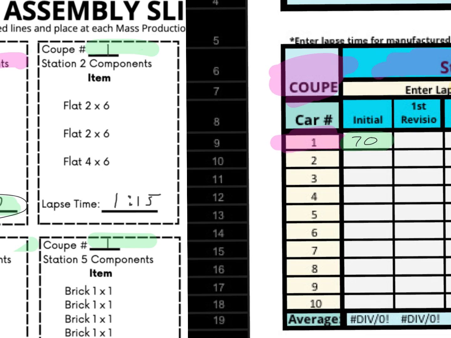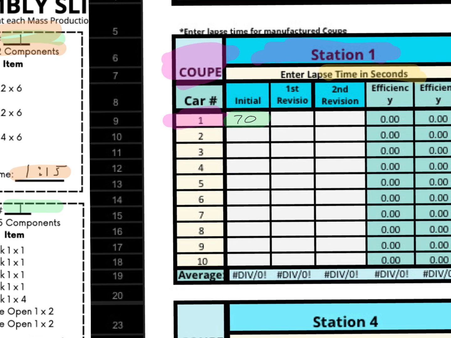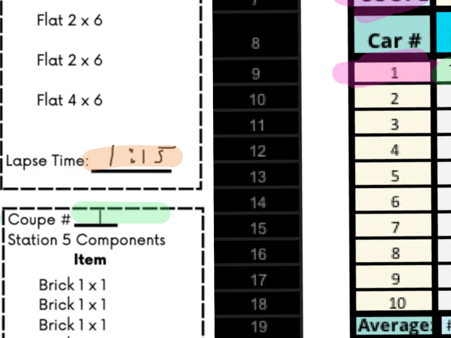So now we need to enter the data for station 2 of coupe number 1, and we need to put that elapsed time into our spreadsheet. So we are not going to put it here because this is station 1, not station 2. We also need to change this one to seconds also.